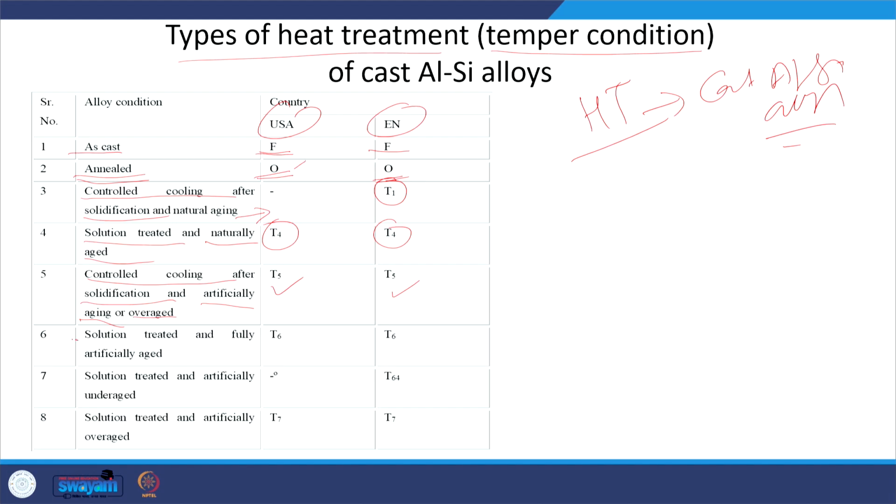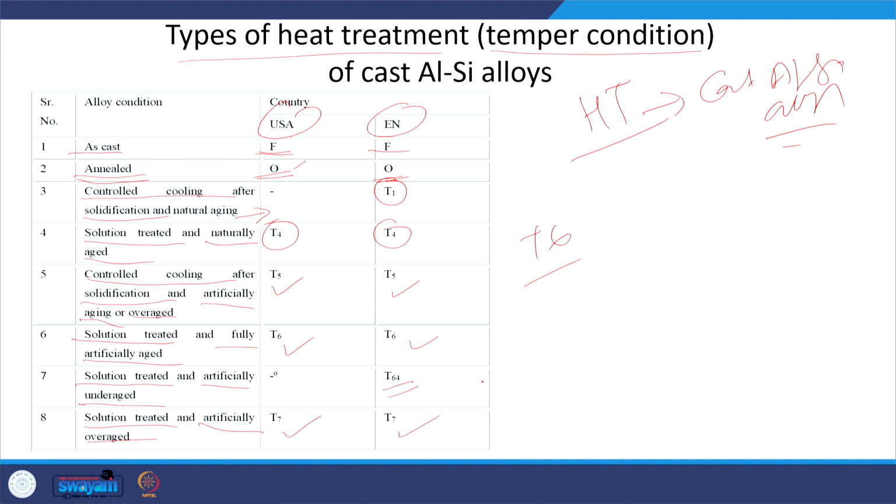If the casting is subjected to solution treatment followed by artificial aging, then it is given as a T6 treatment. And if the casting is subjected to solution treatment followed by artificial underaging, then it is given as a T64 treatment.